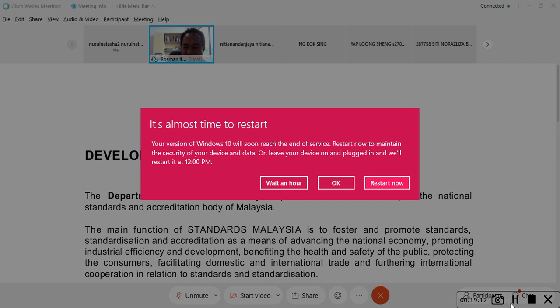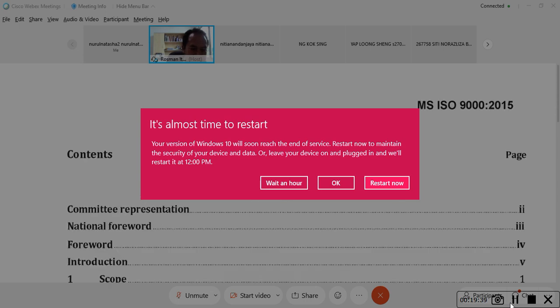So Sirim is no more. Standards Malaysia has taken the responsibility and does it by themselves. Okay, so that is about the background.